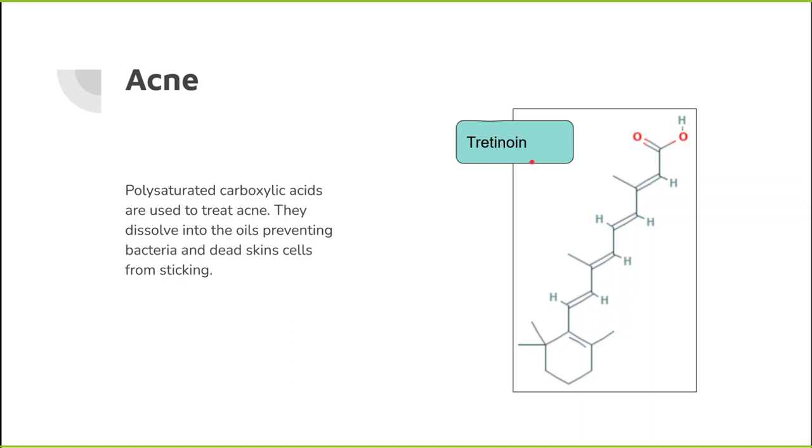But you can see here we've got an alkene ring with a whole bunch of double bonds in here. And then here is your carboxyl group on the end. And this is a common ingredient used in treating acne. If you look on the back of an acne medication, this is quite often what you see there in the list of active ingredients.